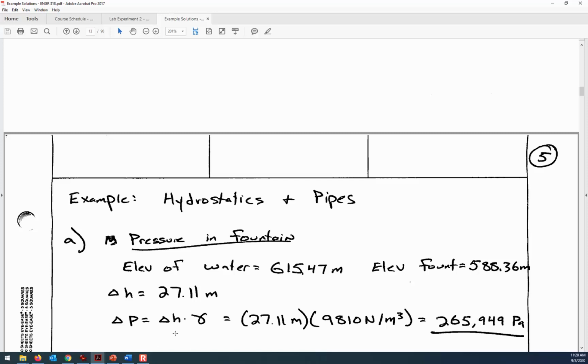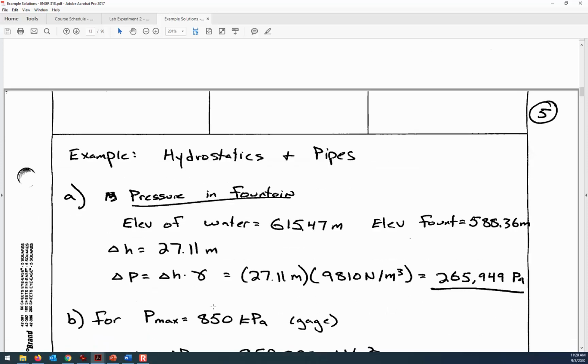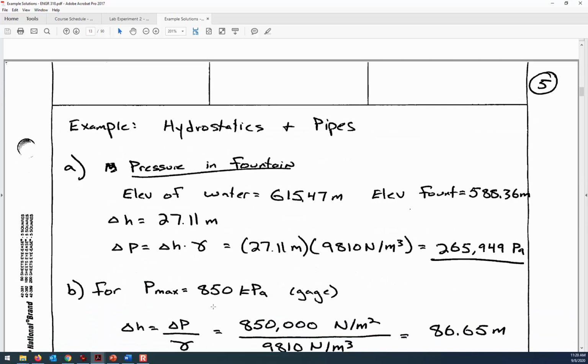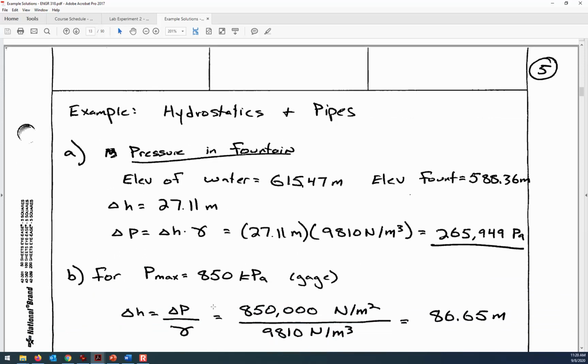The water level behind a dam often fluctuates by quite a lot over the course of an annual season. And so in part B, what it's doing is it's just saying how high can that water level go and still cause an acceptable pressure. And so if we have a maximum allowable of 850 kilopascals, that tells us the delta H max, the most the water level can be above that fountain, is 86.65 meters.